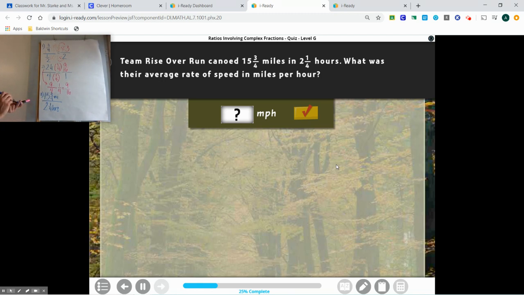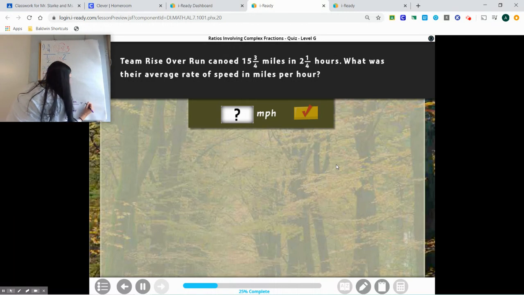Let's turn these into improper fractions so that we can do it a little faster. We're going to multiply. 15 times 4 is 60, plus 3 is going to give us 63 over 4 miles per 2 times 4, we know is 8, plus our 1 was 9/4 of an hour.